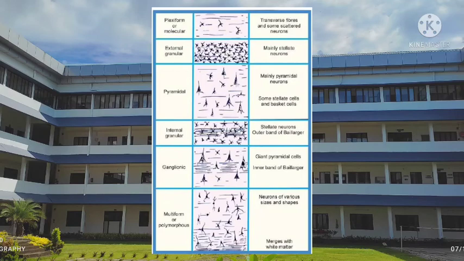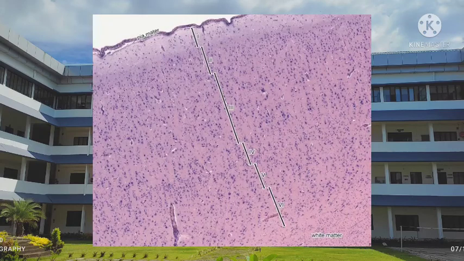The plexiform layer is made up predominantly of fibers, although a few cells are present. All remaining layers contain both satellite and pyramidal neurons as well as other types of neurons. The external and internal granular layers are made up predominantly of satellite or granular cells.